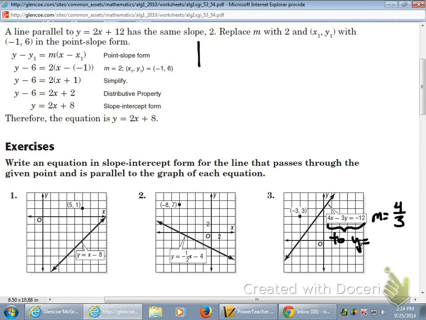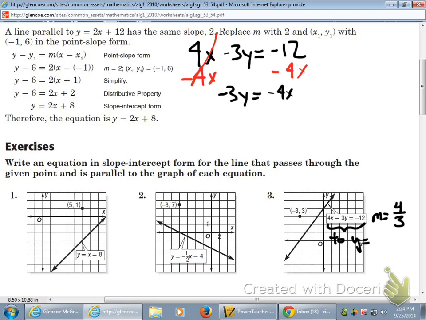How do you get this equation right here changed to y equals mx plus b? The original equation is 4x minus 3y equals negative 12. I actually want to get y by itself. So let's get rid of the 4x by subtracting it. If I subtract 4x from both sides, those would go away, and I'd be left with negative 3y equals negative 4x minus 12.